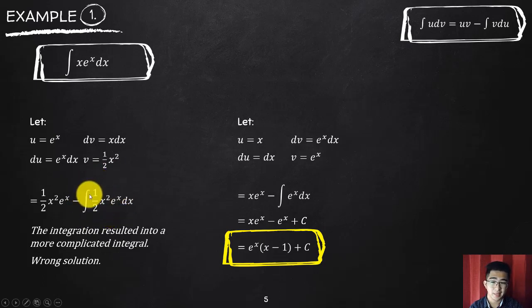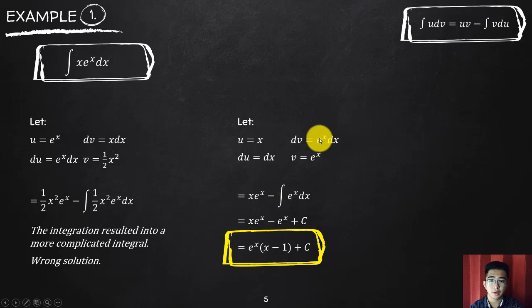However, the integration resulted in a more complicated integral. This gives you an idea that this is the wrong solution, meaning you chose the wrong u and the wrong dv. If your integration process results in a more complicated integral, that might be a sign that you chose the wrong u and dv.